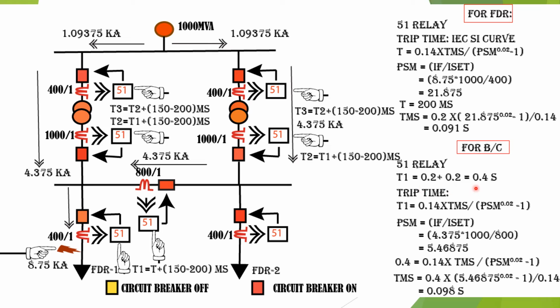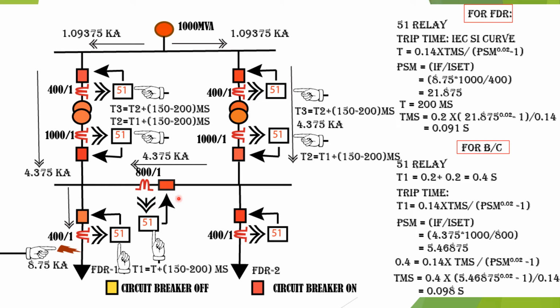So here the trip time is 0.4 second or 400 millisecond. PSM is I fault divided by I set. Here the I set is 1 ampere in terms of the secondary value, or in terms of primary value it will be 800 ampere since the CT ratio is 800 by 1.